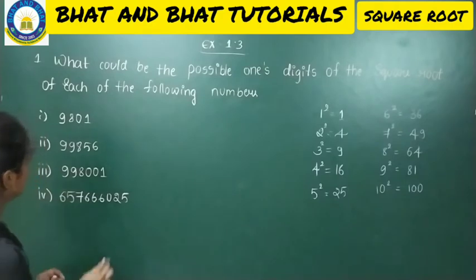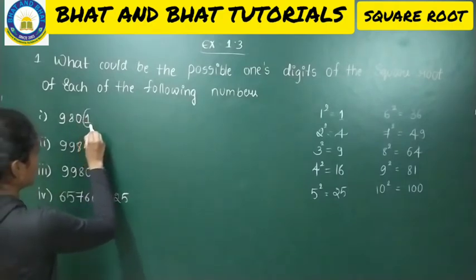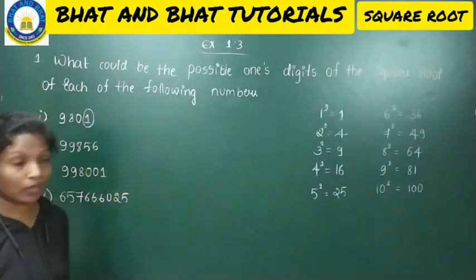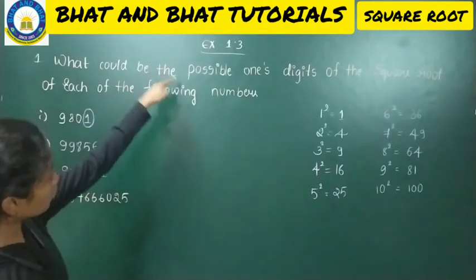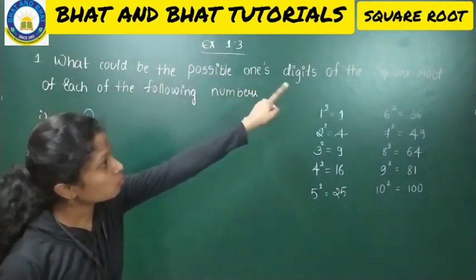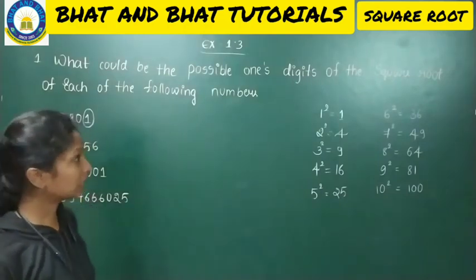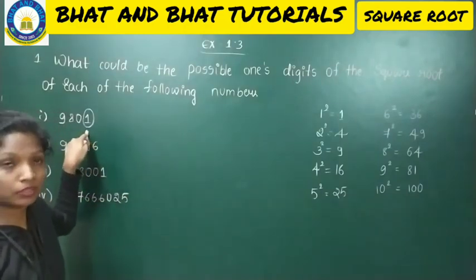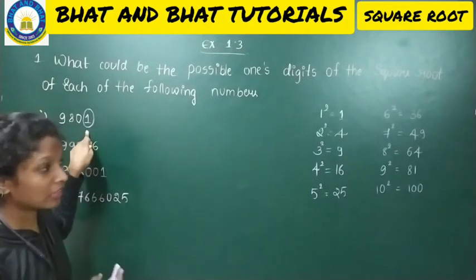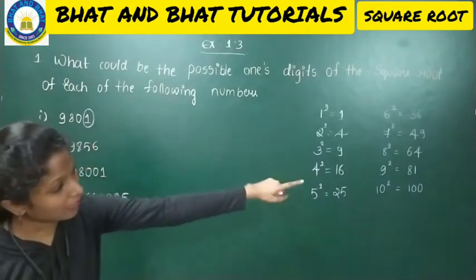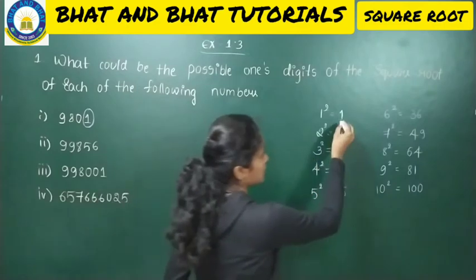Now see the last digit in this first question. The number is 1. They are asking for the possible ones digits of the square root of each number. That means whatever the last digit is in the question, see in how many square numbers it appears.